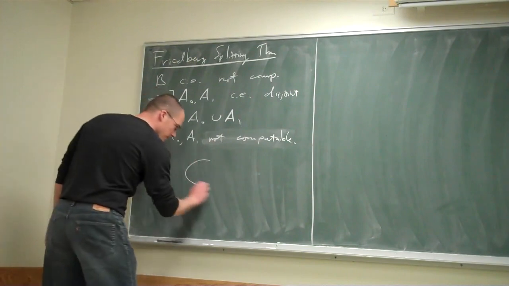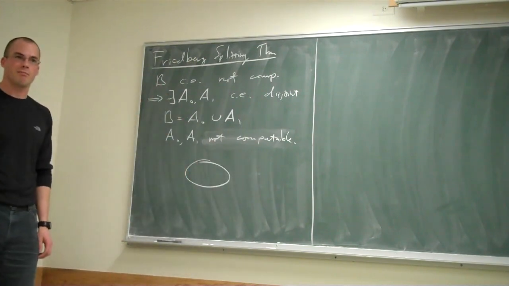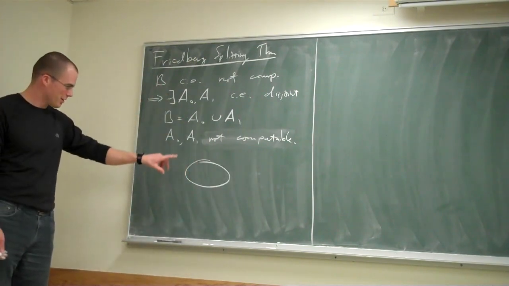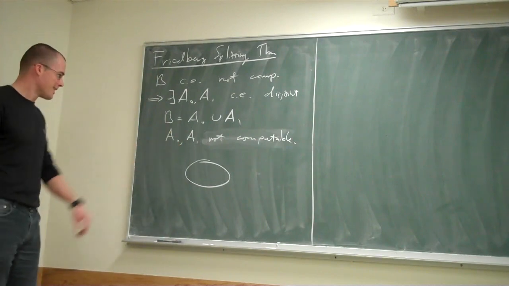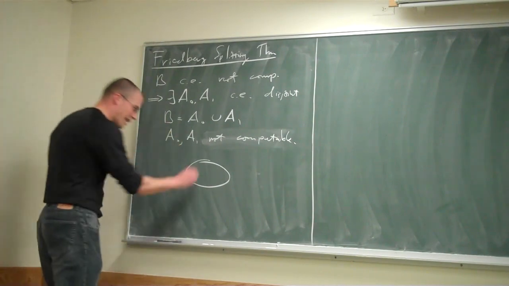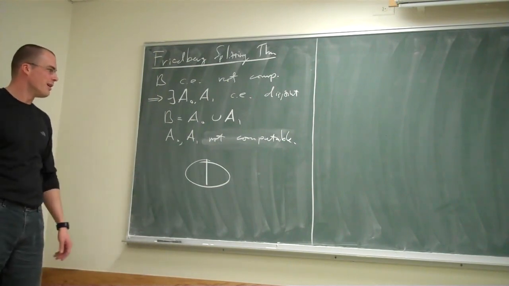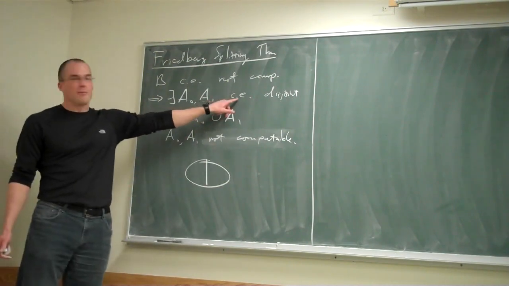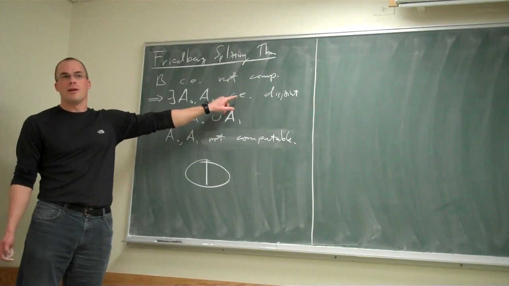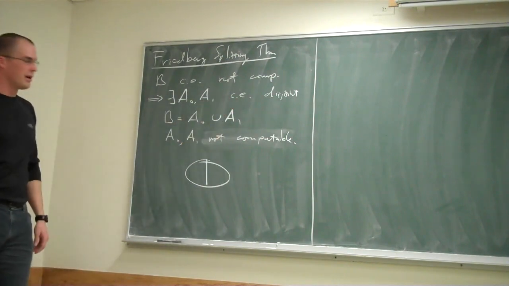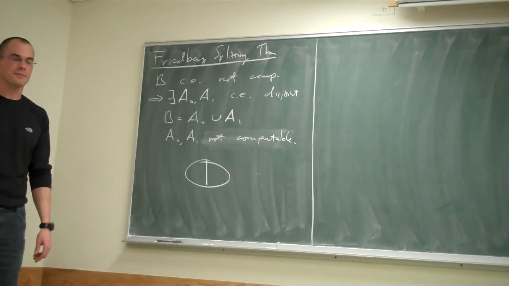You have your set B, it's complicated, therefore it's written by a perfectly regular kind of object, and you can cut it in two, and now you have two parts, both still computably enumerable, but also both not computable.